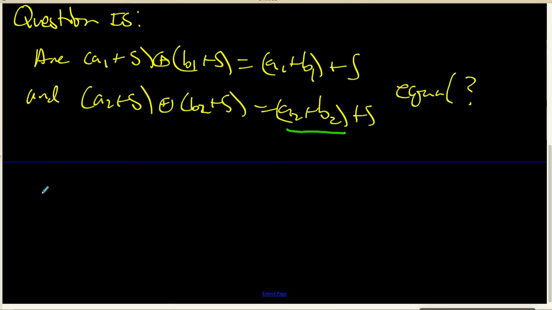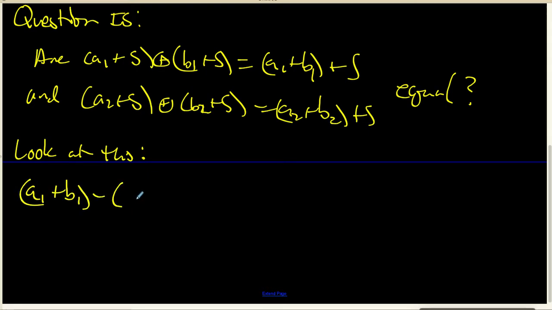So in other words, we're going to look at this. I'm going to look at A1 plus B1, and I'm going to subtract off A2 plus B2. So we're looking at this representative minus that representative.